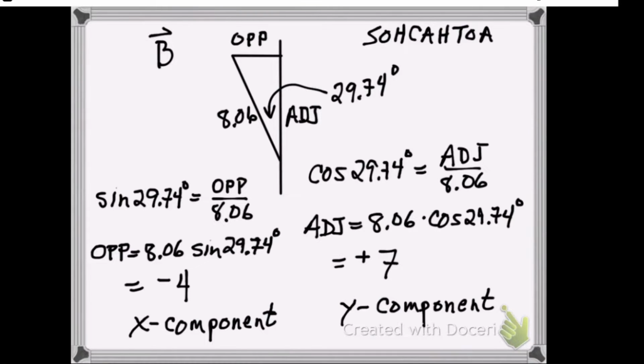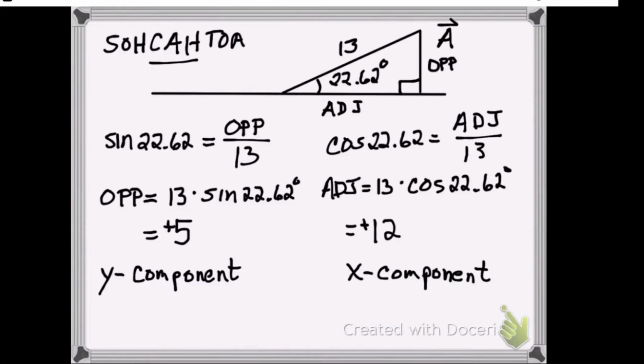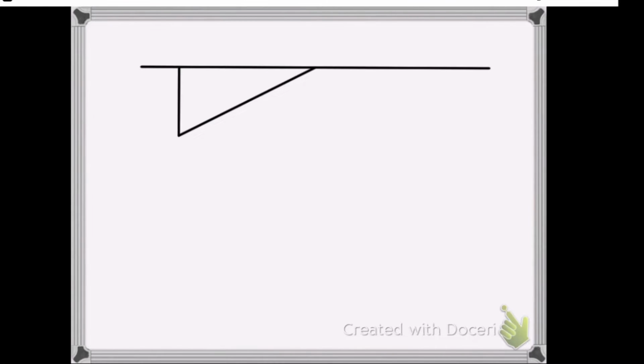So now let's go back and look at vector c. There's vector c pointing down to the left. It has a magnitude of 7.81, and the angle is 39.81. Okay, so let's go draw a picture of it. So here's the x-axis, and vector c points down to the left like that. I'm going to turn this into a right triangle like that. Okay.